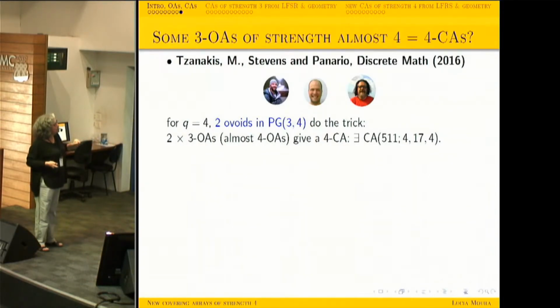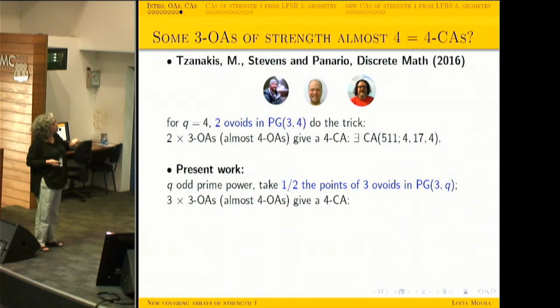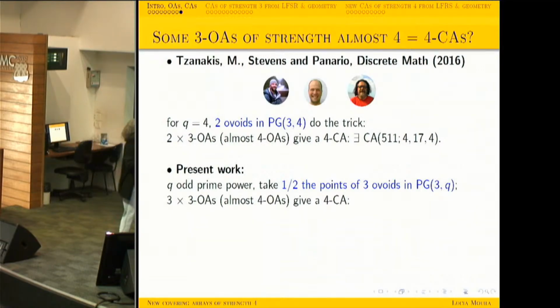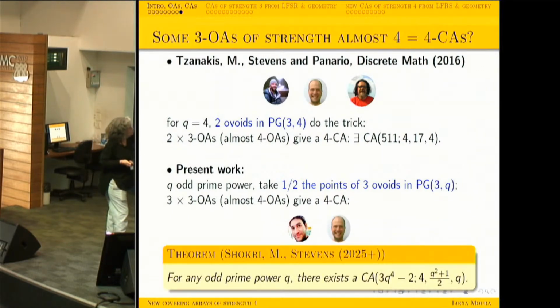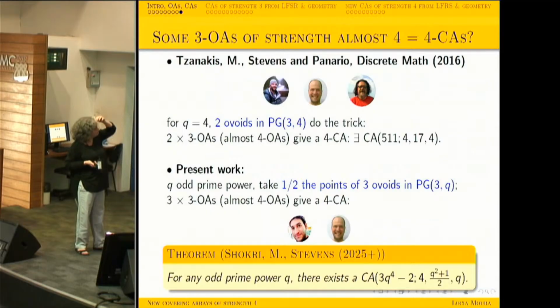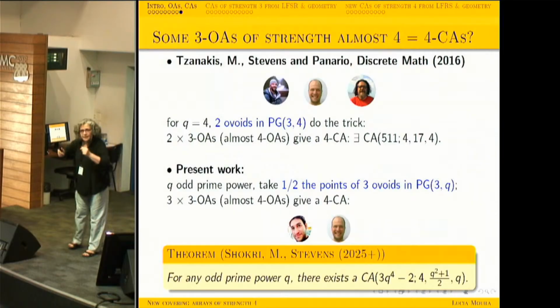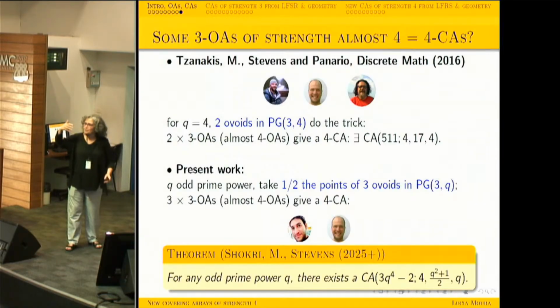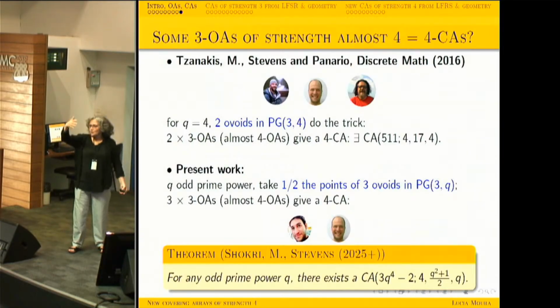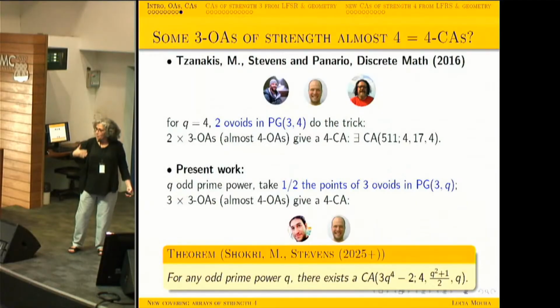And then more recently, we proved the theorem that I'm presenting today, which is for every odd prime power, I would take the points of an ovoid, but I take only half of them. Then I can show very specific pieces of this ovoid that are in 3 parts, not 2.